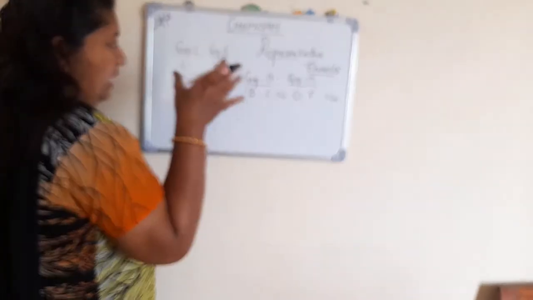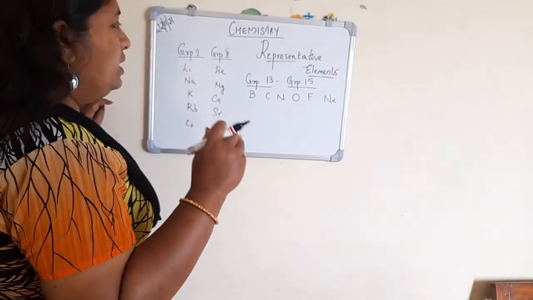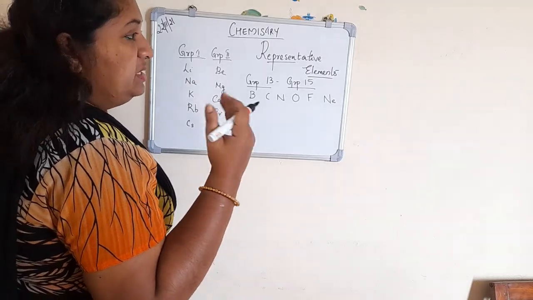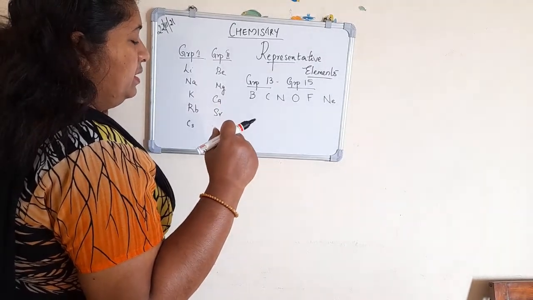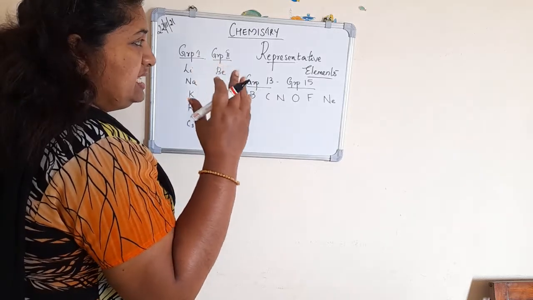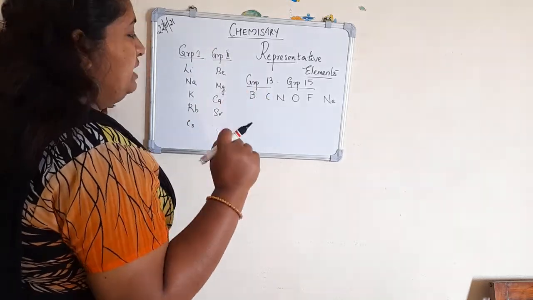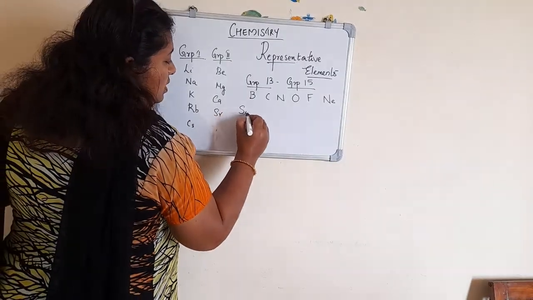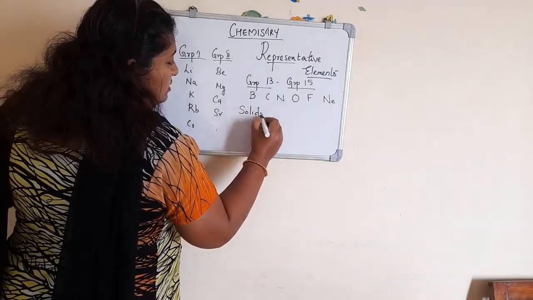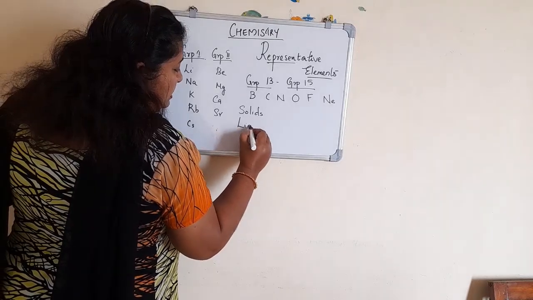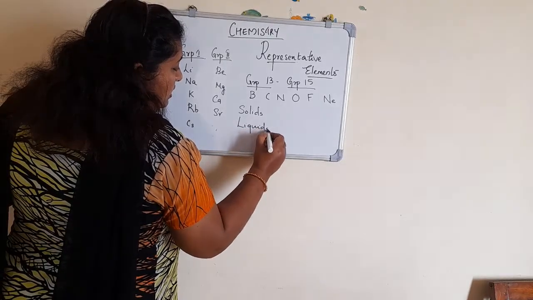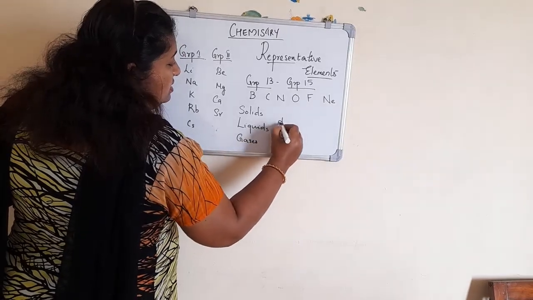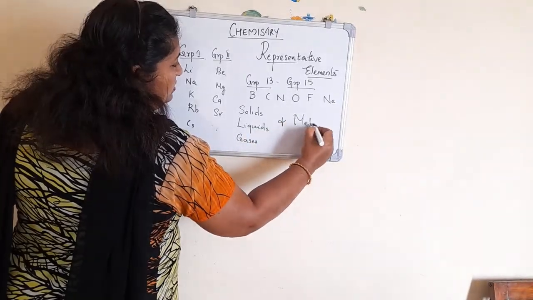So when we look at these elements, there is group 1, group 2 and all the elements including group 13 to group 15. So when we look across these elements in your periodic table, you can find solids, liquids, gases and metalloids.